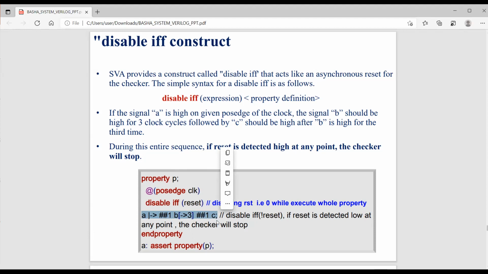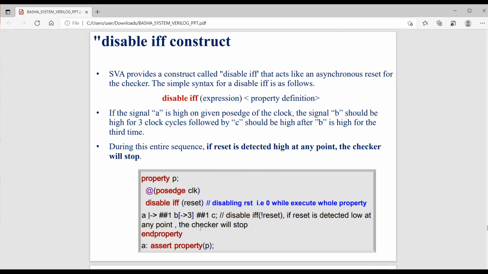In order to avoid that, you check only for the reset equal to 0 condition, not for reset equal to 1. So when you use this disable iff construct, if your reset becomes 1, it will disable the property so that your property will not fail. Clear?